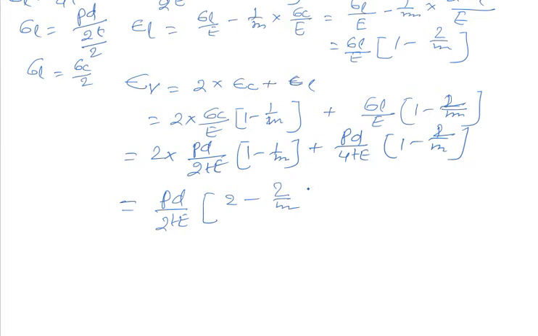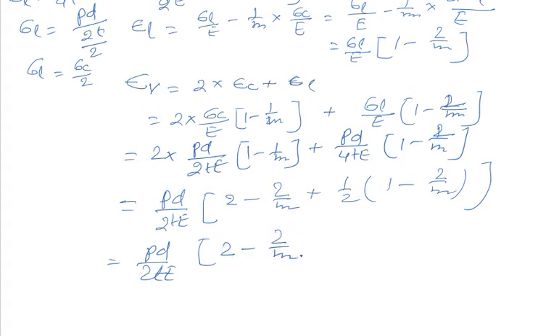So here PD by 2 TE, half of this into 1 minus 2 by m, correct. So PD by 2 TE into 2 minus 2 by m plus half and minus 1 by m, correct.